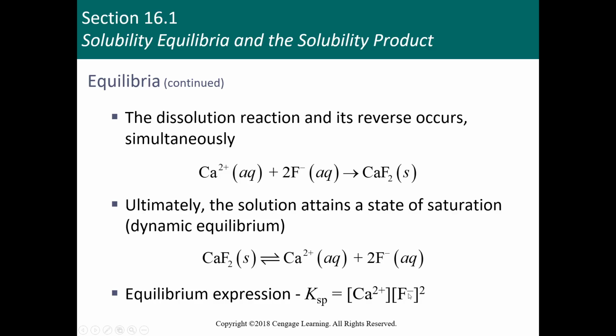Remember that concentrations were always to the power of their coefficients. So in this case, there's going to be 2 fluoride. So you're going to have the concentration of the fluoride to the second power. One of the things that people start getting messed up on, because you guys spend so much time on acids and bases, and all of these were to the power of 1, a lot of people forget by the time they get here.